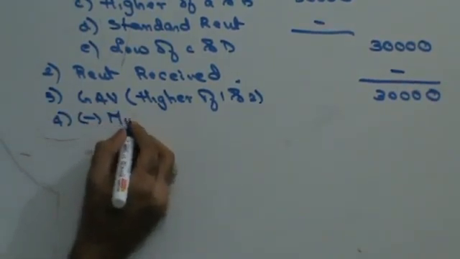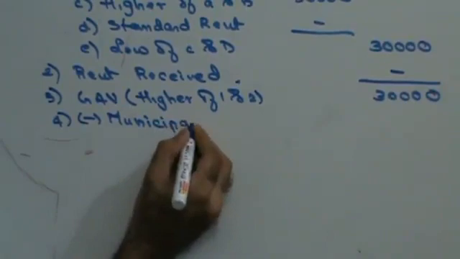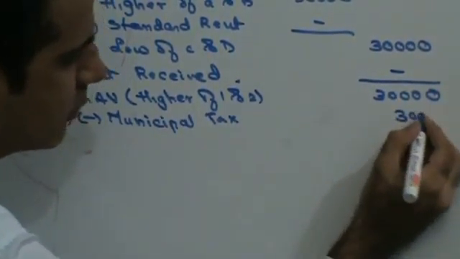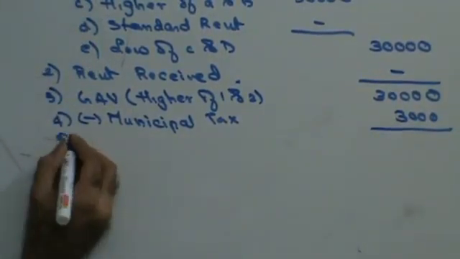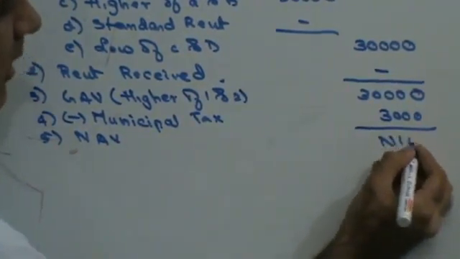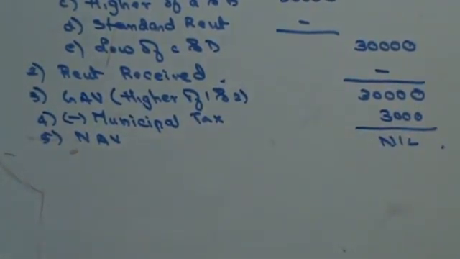Less municipal taxes. He's paid municipal taxes of 3,000. Net annual value. This is a self-occupied property, so its net annual value will be nil, since the house is being used for own residence.